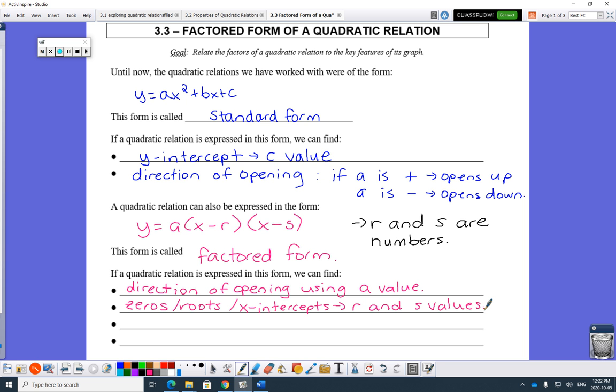So right now, all you'll have to do is look at the r and s values. Next chapter, chapter 4, that's where we're going to do how do we get an equation from standard form to factored form. That's what chapter 4 is.